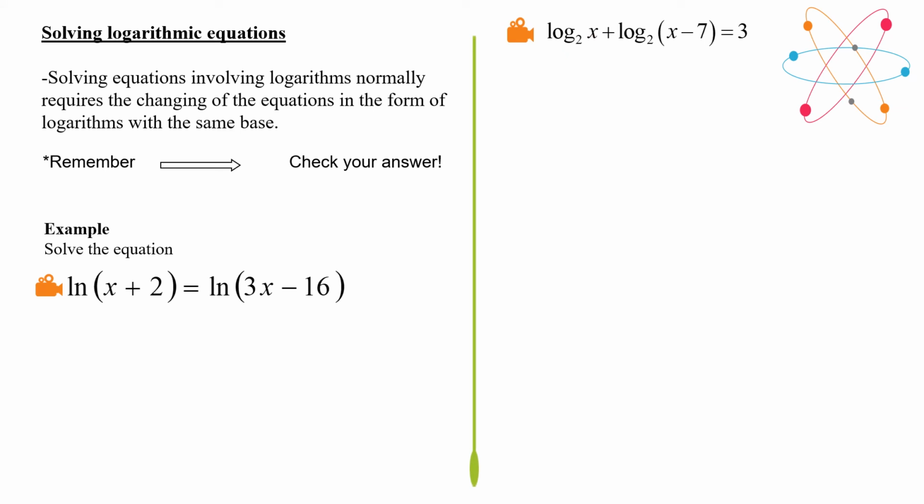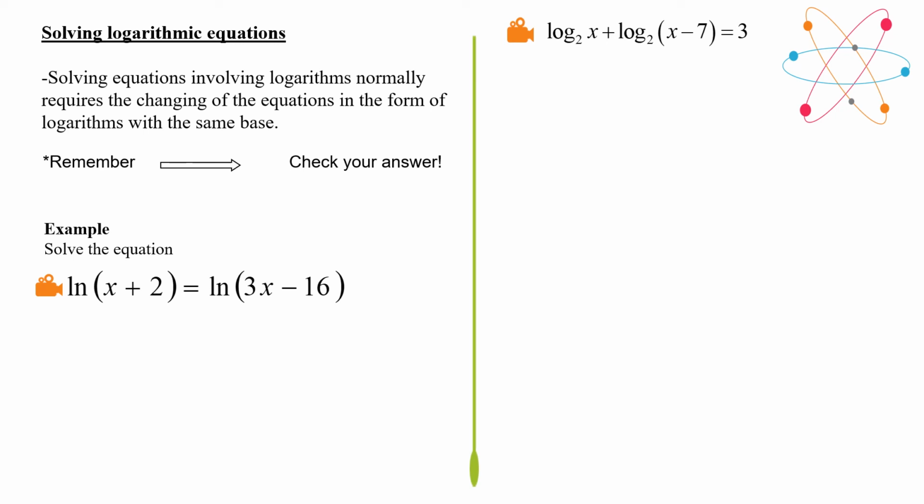Solving logarithm equations. Solving equations involving logarithms normally requires changing the equation into the form of logarithms with the same base. Remember, check your answer. Example, solve the equation ln of x plus 2 equals ln of 3x minus 16.